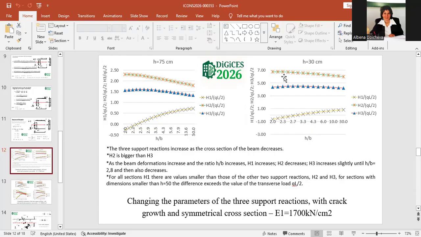For all sections, H1 has values smaller than those of the other two support reactions, H2 and H3. For sections with dimensions smaller than H equal to 50 centimeters, the difference exceeds the value of the transverse load.